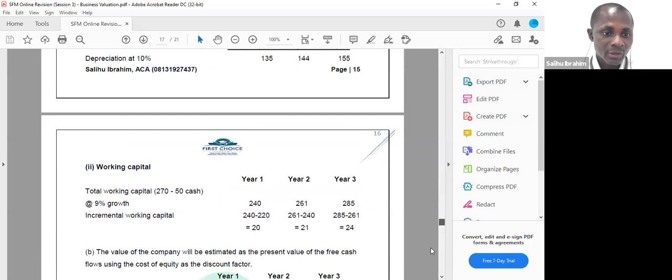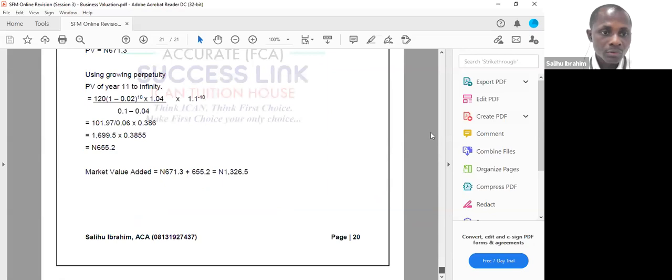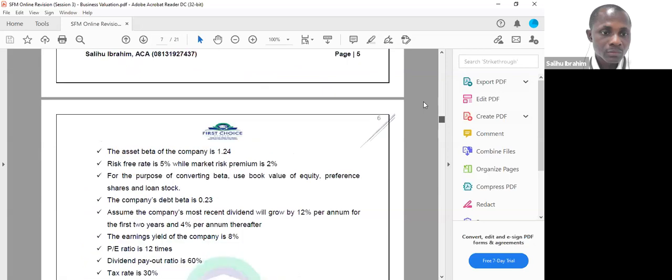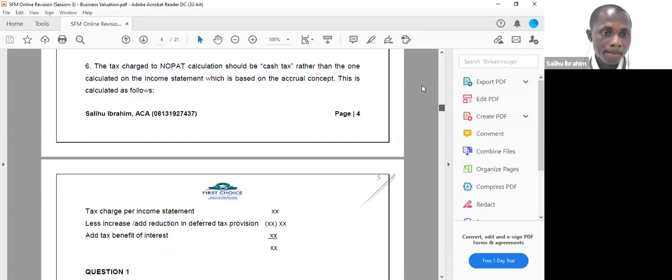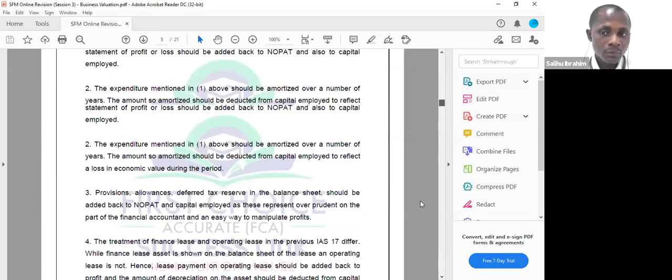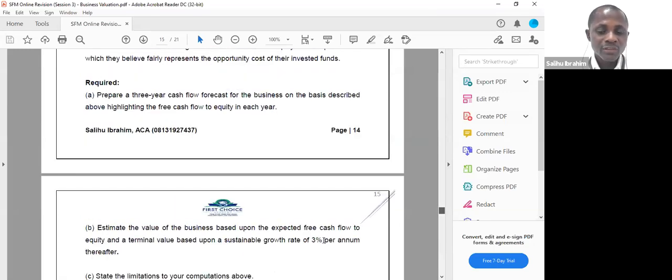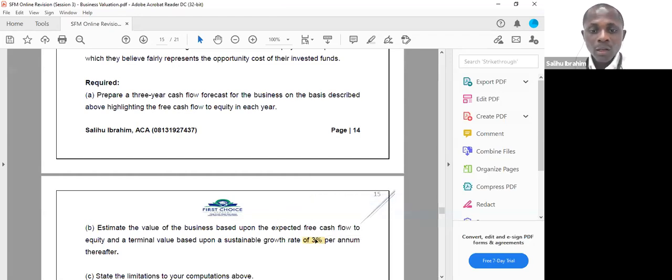Okay, so it's in the requirement. We're told that after the third year, the free cash flow is expected to grow at 3% every year into perpetuity.